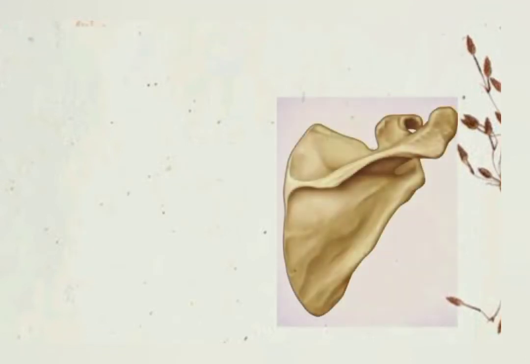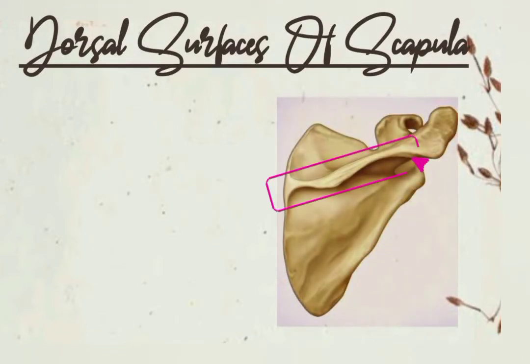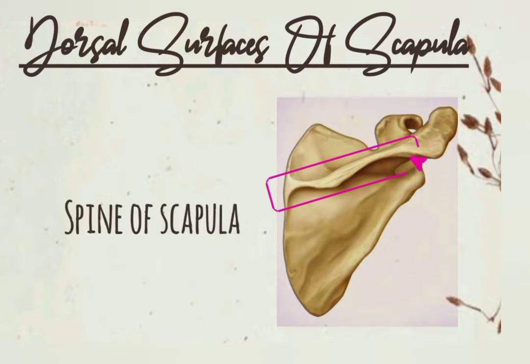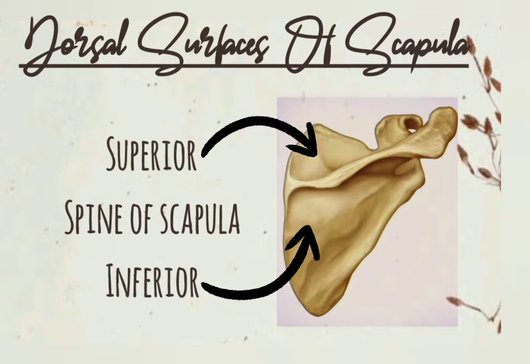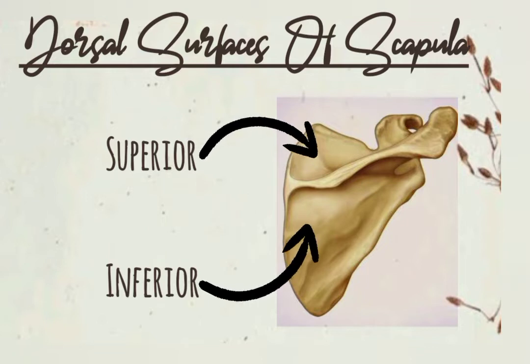Now if we take a look over the dorsal surface of the scapula, you can see that this prominent structure over here is called the spine of the scapula, which is dividing the dorsal surface into the superior and the inferior halves. The superior half is smaller in size as compared to the inferior half, which is large in size.